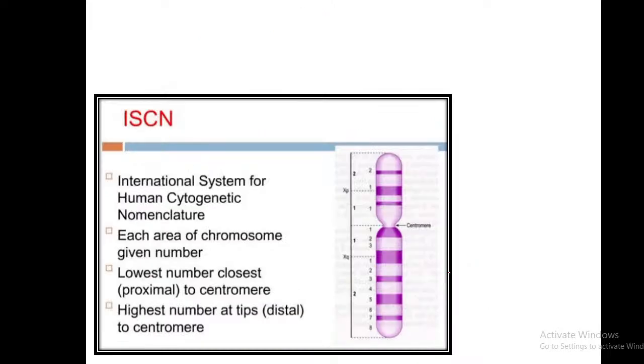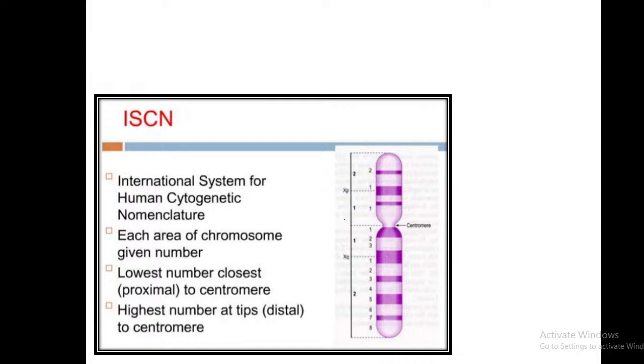Now, next is the International System for Human Cytogenetic Nomenclature. It is not IUCN, this is ISCN. The International System for Human Cytogenetic Nomenclature gives the specific loci, or the specific number, to the chromosome location. Here you can see one subset within another.